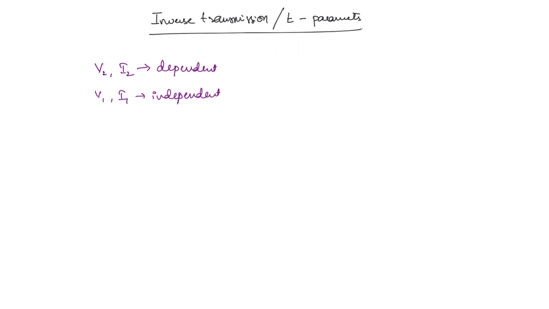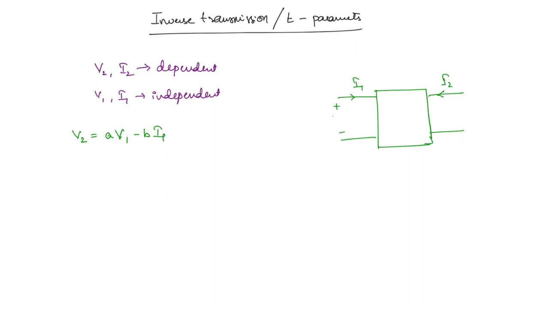So what will be the equations? V2 will be equal to, you are going to use small letters, aV1 minus bI1. Here also, what will be the direction of current? Taking the network's condition, that means I1 and I2 are both flowing into the two-port network. Okay.